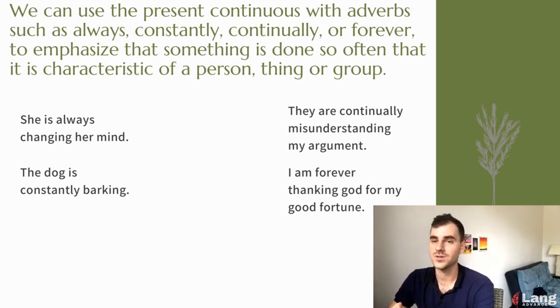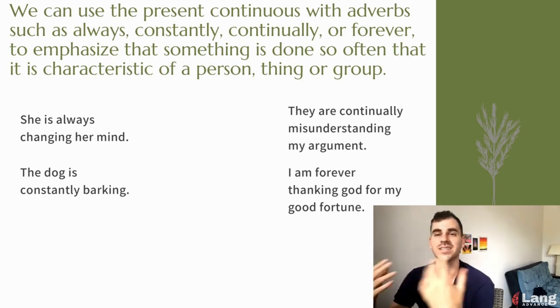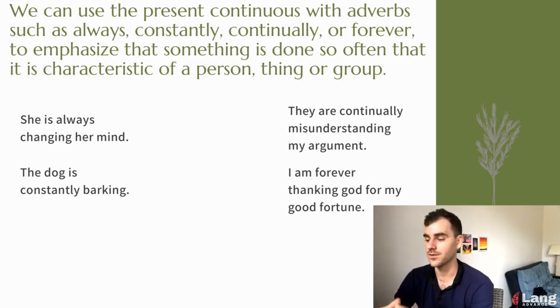They are continually misunderstanding my argument. I am forever thanking God for my good fortune. Here, when paired with an adverb, we're emphasizing that something is done so often that it becomes characteristic. It becomes a personality characteristic or behavioral trait of a person or a thing.